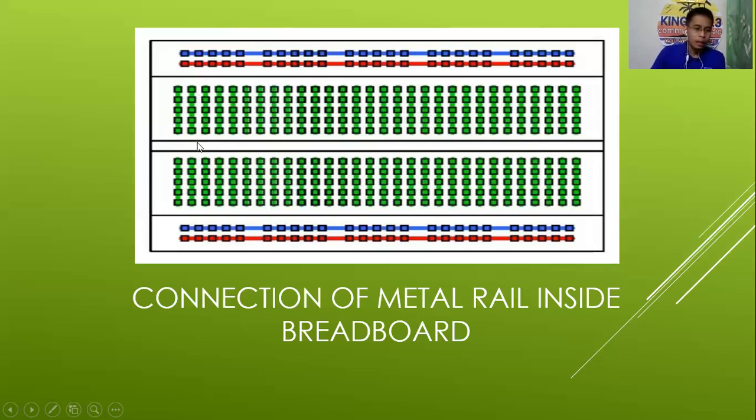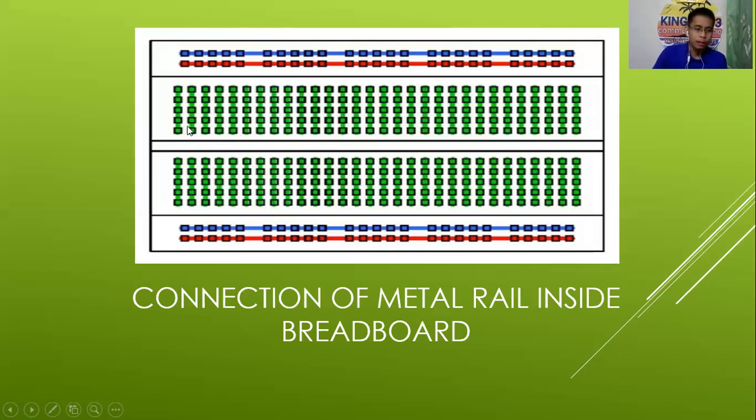So, ibig sabihin, ang pins ng IC, pag nilagay natin dito, ayan, pin 1, kunwari dito, pin 1 ng 555, pin 1, pin 2, pin 3, pin 4, pin 5, pin 6, pin 7, pin 8. So, if you are going to observe, hindi every pin is connected to each other kasi separated sila.